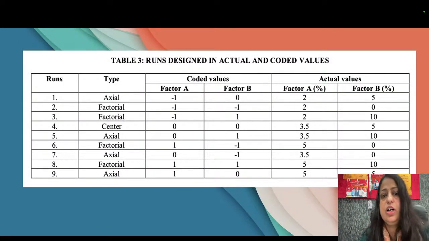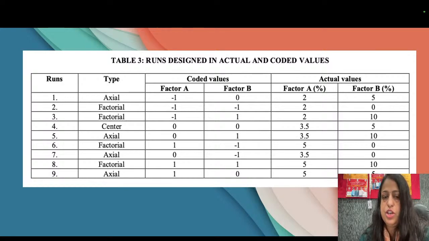This is the coded value which I told you about, that for factor A and factor B, these 9 combinations have been made. This is the basic design, and the number of runs I have selected as 9, right? Face centered I have selected, and then the coded values are given as the combinations.